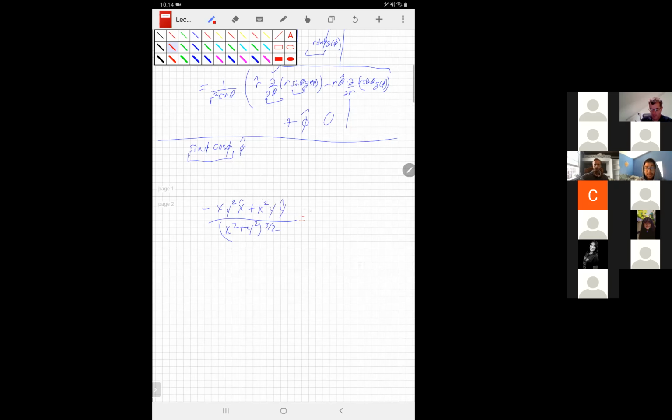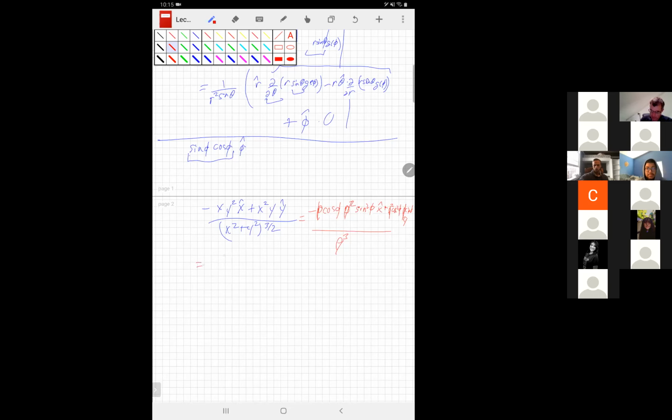I'm just going to replace x with rho cosine phi, and y squared with rho squared sine squared phi x hat plus rho cos squared phi rho sine phi y hat, all over, and then this bottom is just rho cubed. That should have been a rho there, my apologies. So I've got rho cubed up top in every term, rho squared was there, and that's rho.